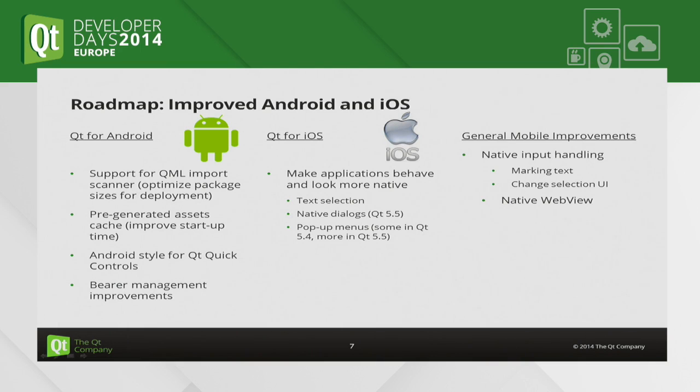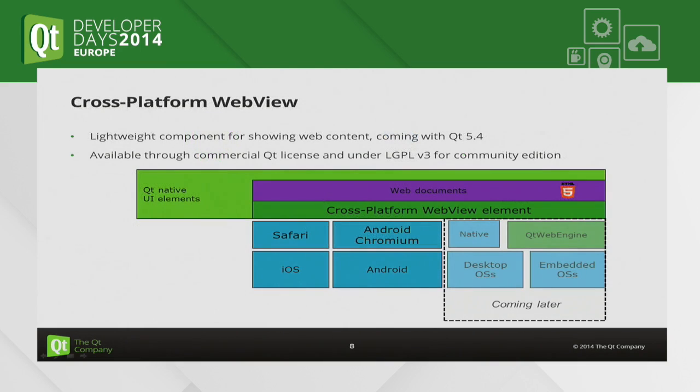Maybe a bigger item that we're introducing is the cross-platform Web View. So far we've not had Qt WebKit, nor will we have Qt WebEngine on mobile platforms, basically because on iOS it's not possible, and it's usually a lot of overhead too. So what we're doing is we've created a Web View API.